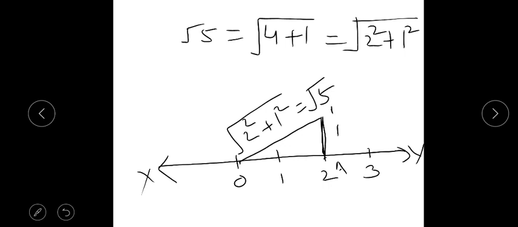So this is point B. Take radius OB and mark an arc like this. So this point P will be root 5. This is how we can also draw root 5.